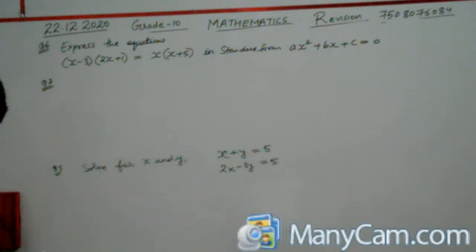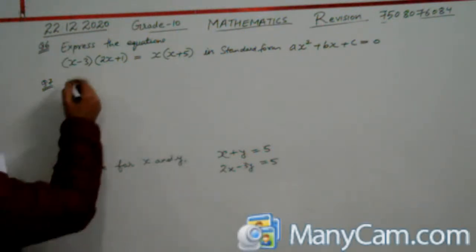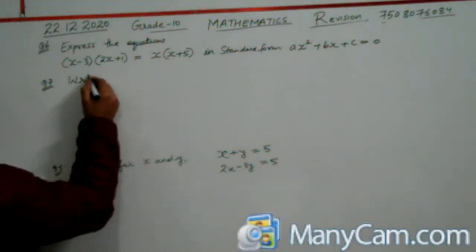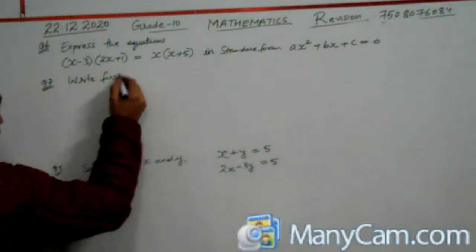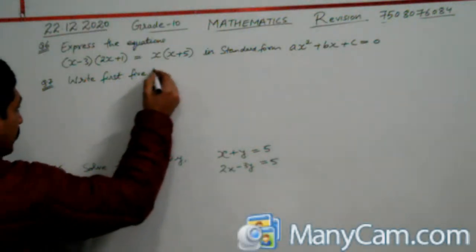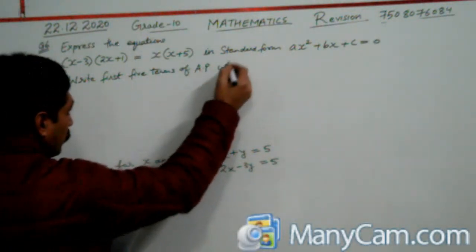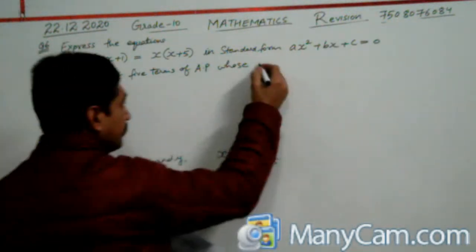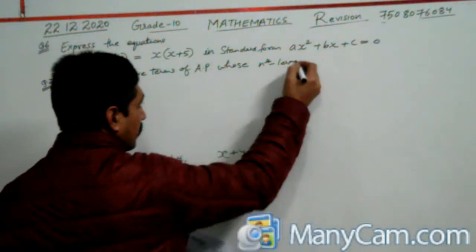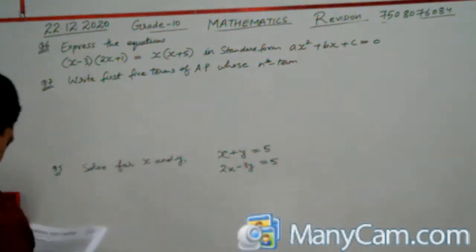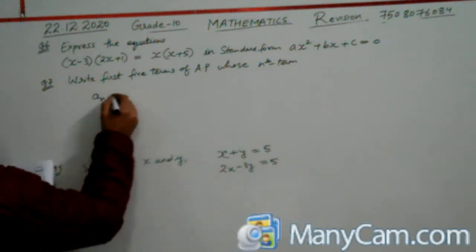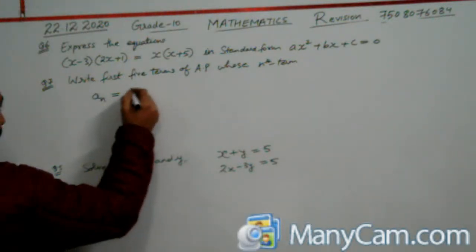Write the first 5 terms of the AP whose nth term is given, nth term an is equal to 5n minus 2.